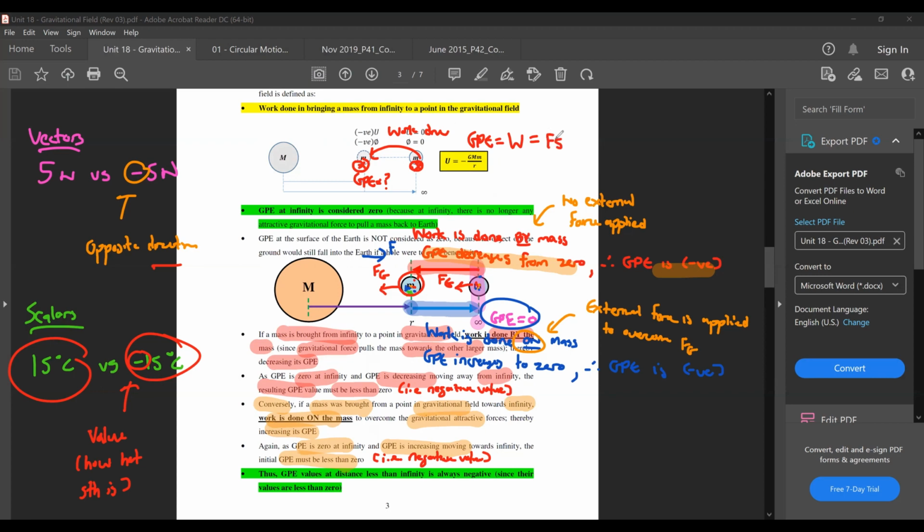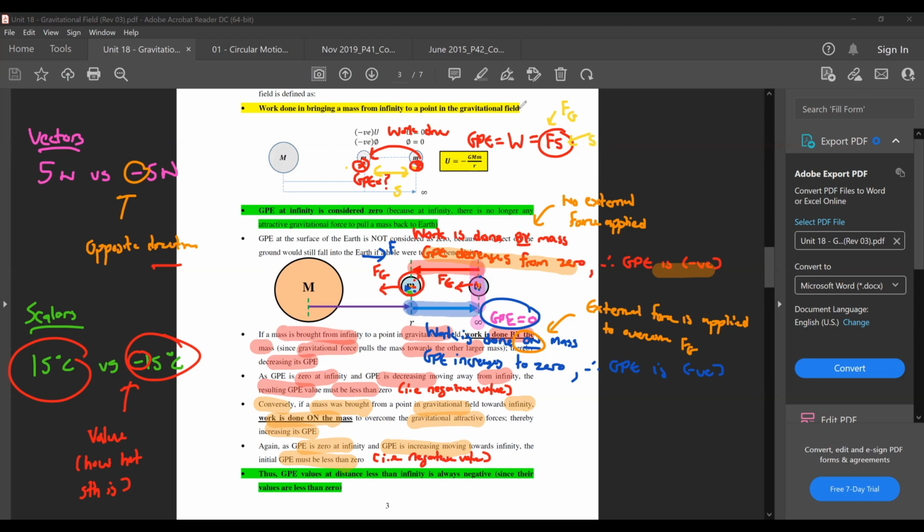Can I just say that it is force times distance, where the F is my gravitational force, and S is the distance moved from infinity to this point? Now the answer is you cannot do that.